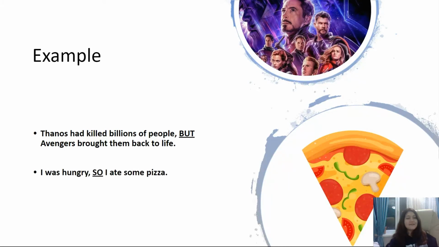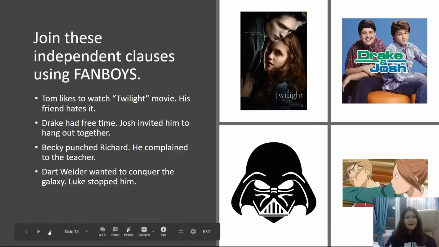Then, I was hungry, comma, so I ate some pizza. So is another fanboy, and before it I have a comma. So this is also a correct way of connecting independent clauses. Now let's have some practice.